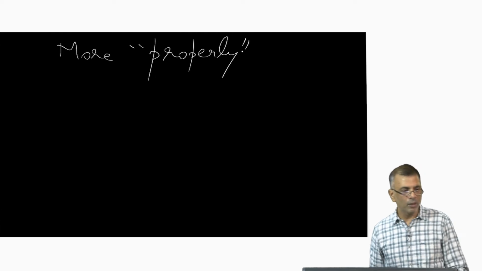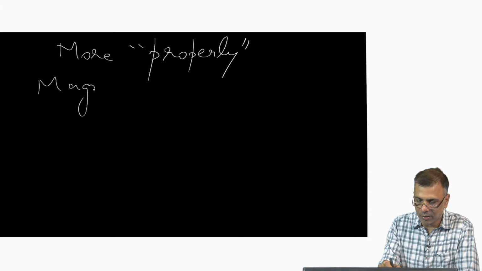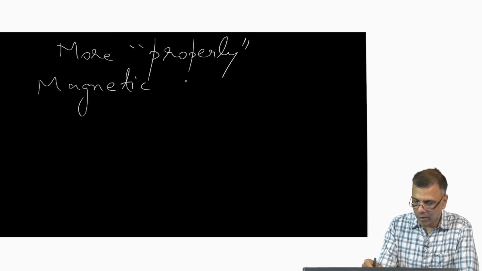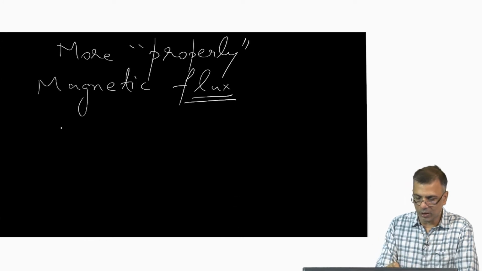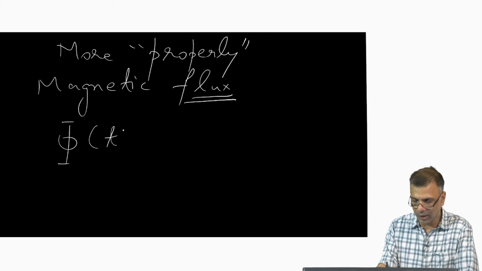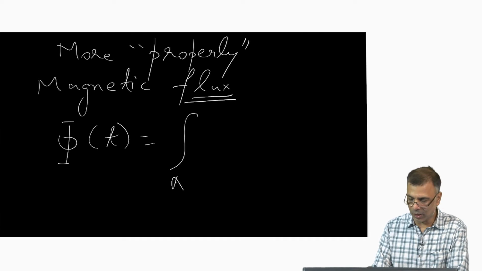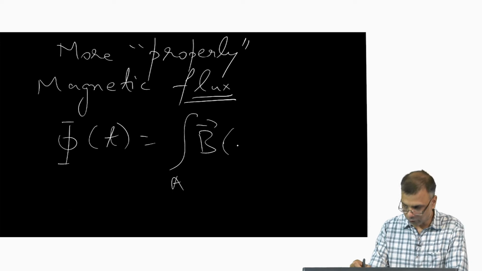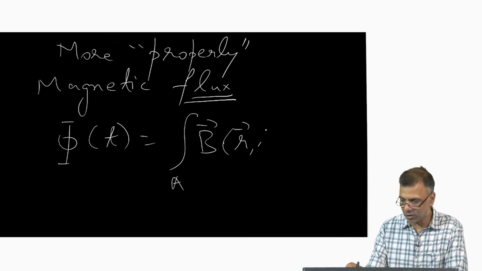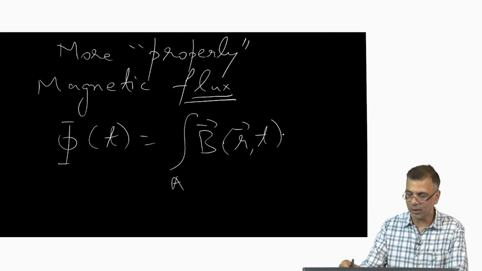More properly, what it means is that the magnetic flux, which we denote as phi, which is essentially the area integral of B dot dA, where B is a function of both position and time, is conserved.